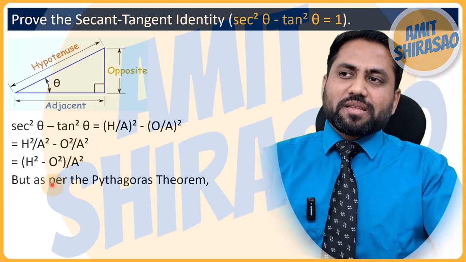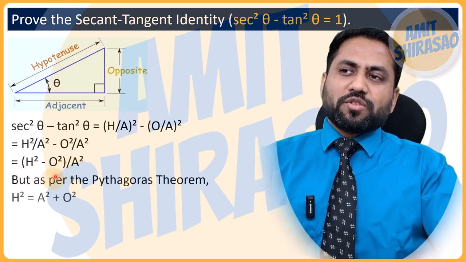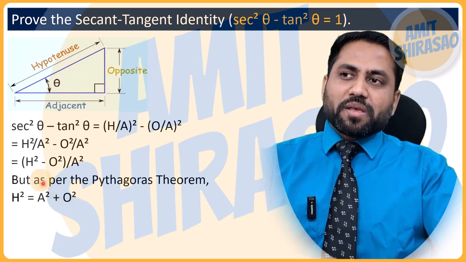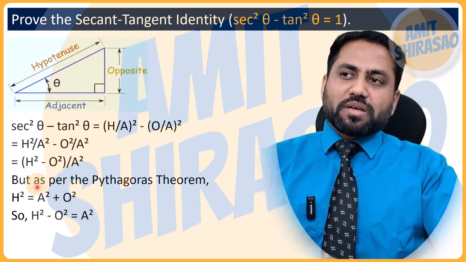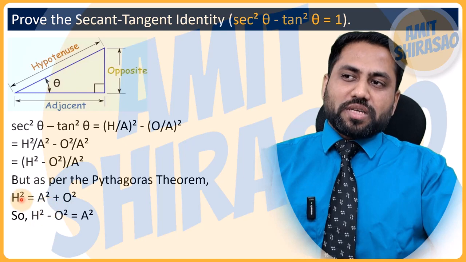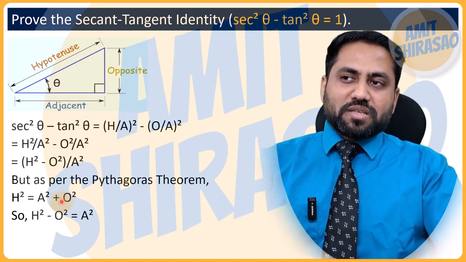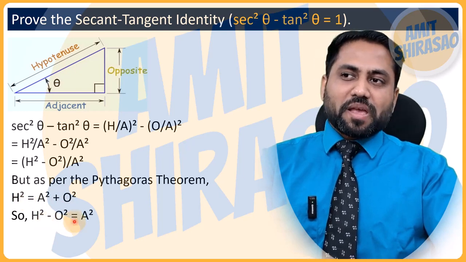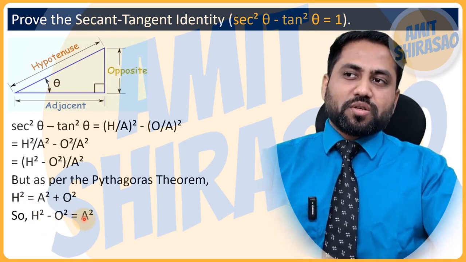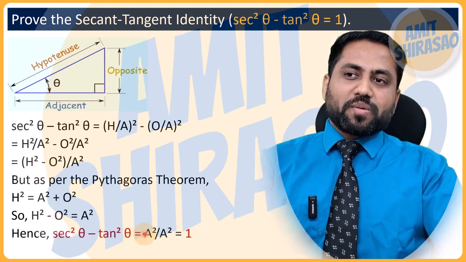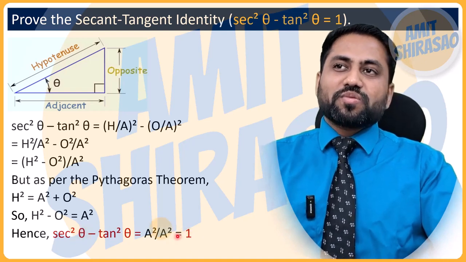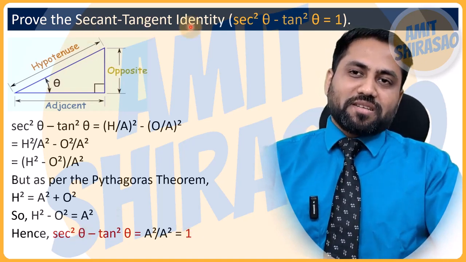And then as per the Pythagoras theorem, we know that hypotenuse square is equal to adjacent square plus opposite square. H square minus O square means what? Here I'm taking O square to the left hand side, so its sign will reverse, and this is actually equal to A square, right? So here instead of this I can write A square. So H square by A square, and then it equals 1. So this proves our secant tangent identity.